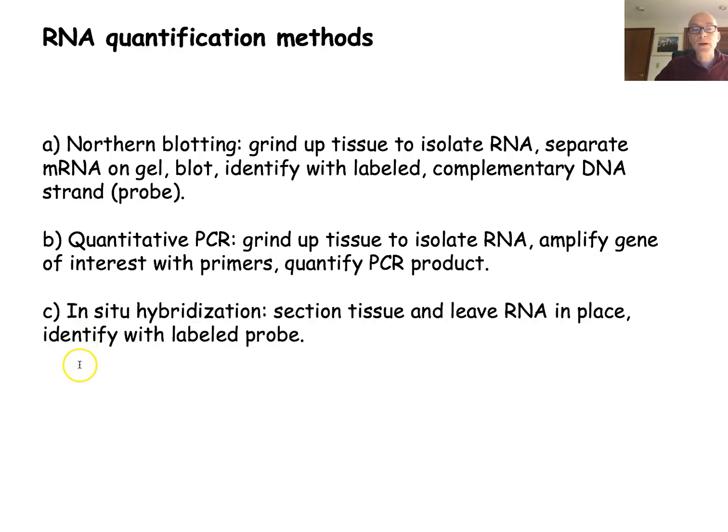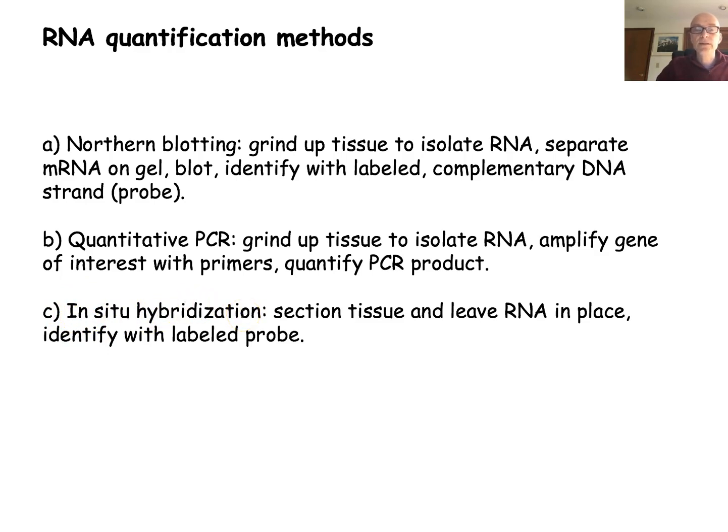A third way to quantify RNA is something called in situ hybridization. We'll see more of that later in the semester, but I wanted to bring it up here because we're talking about RNA quantification methods right now. So why is it called in situ? In situ means in place, but it also uses hybridization.